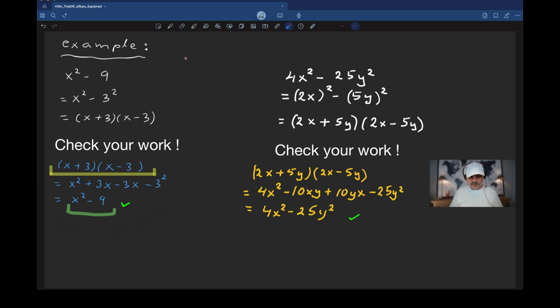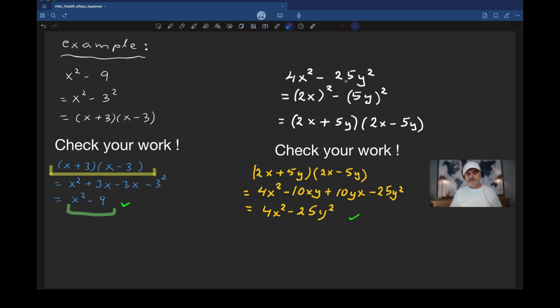Another example, a little bit more complicated, but still nice: 4x squared minus 25y squared. The variables are to the power of 2, x and y, as you can see. How is this a difference of squares? Because you can recall rules of exponents. 4 is a perfect square number, so this is 2 squared.